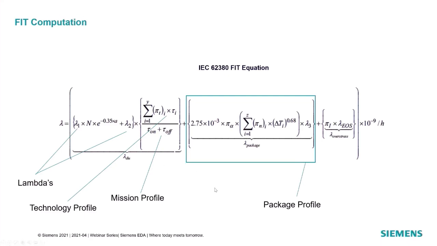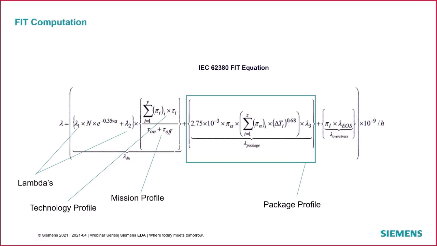So Vedant, I see that there's several profiles that seem to be inputs to this. Where does all that data come from? Yeah, so most of the time, the standard guides us with some default values. For example, for the technology and mission profile, the standard will give us information based on the particular standard that we are using.